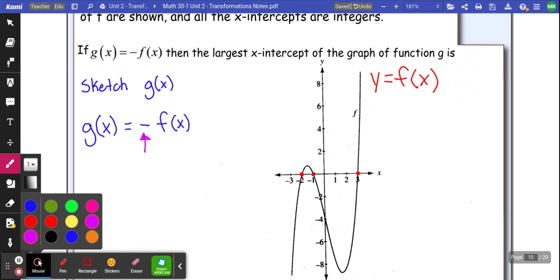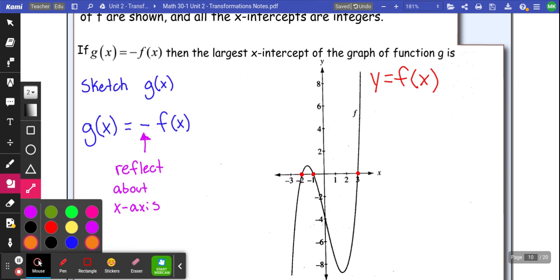When the a value was negative, it was reflecting about the x-axis. That means your picture should flip about that line right there, the x-axis. Everything above should flip below, everything below should flip above.